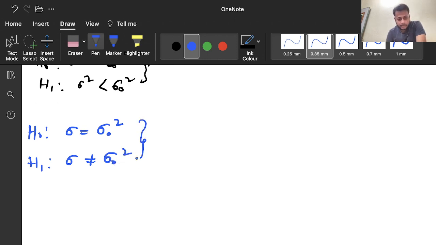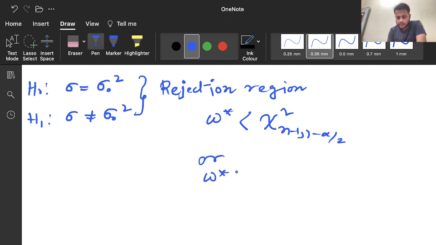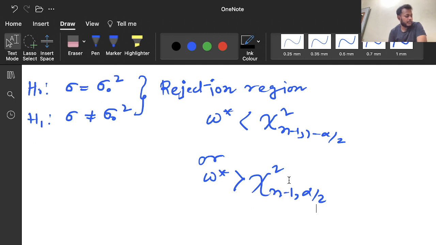So here the rejection region will be: reject if W star is less than chi square n minus 1 minus alpha by 2 point, or W star is greater than chi square n minus 1 alpha by 2. Then we will reject.